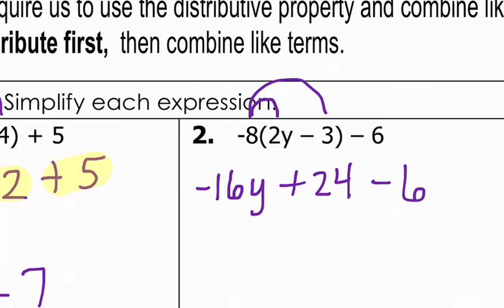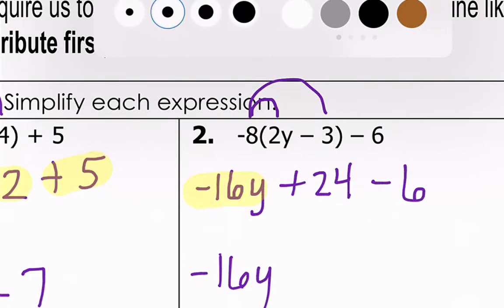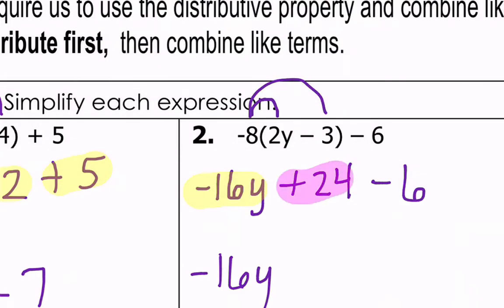First we look for our variables, so I see -16y. There are no other y's, so that value just drops down. Then I'm going to look at my plain Jane numbers. I see a +24 and I see a -6. Those are the two numbers I need to add up. 24 plus -6 is +18. And then we're done.